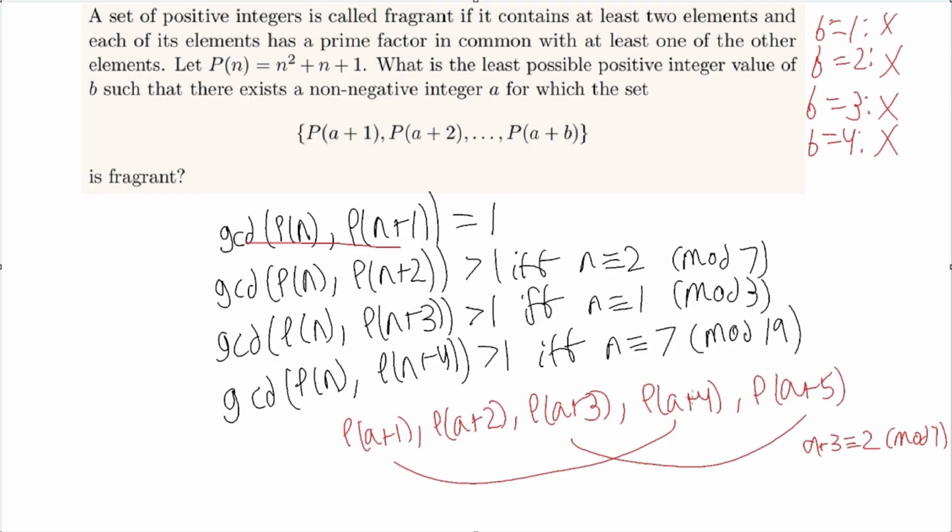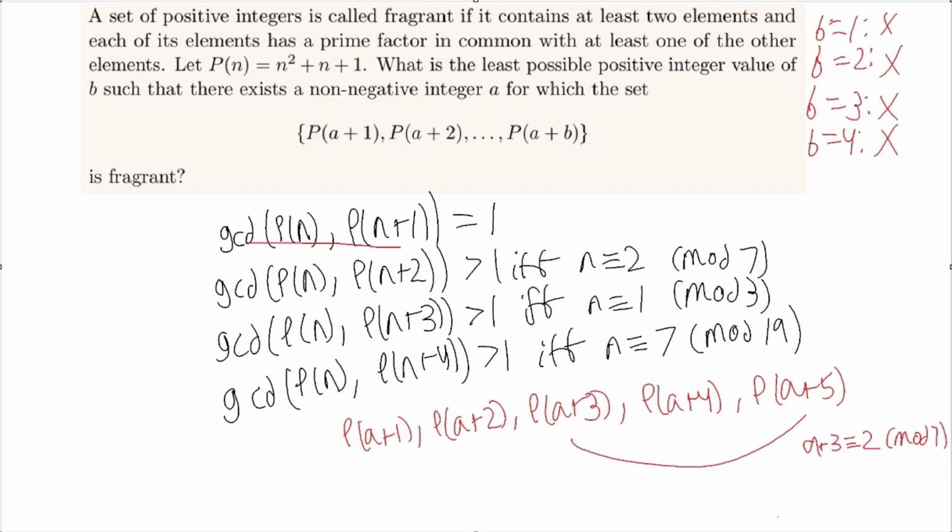Now let's take a look at P of A plus 2. Then P of A plus 2 must be either paired up with, can't be A plus 1 or A plus 3. If it's A plus 4, then this means that P of A plus 2 is equivalent to P of A plus 4, and A plus 2 is equivalent to 2 mod 7. And that, again, doesn't work.